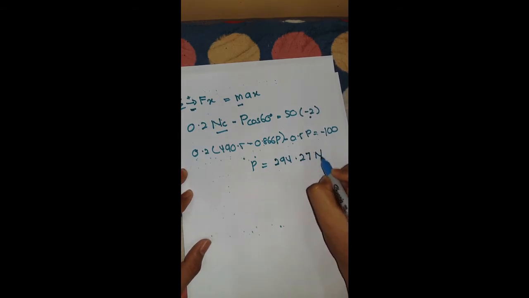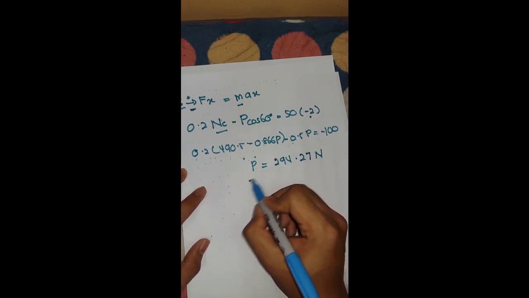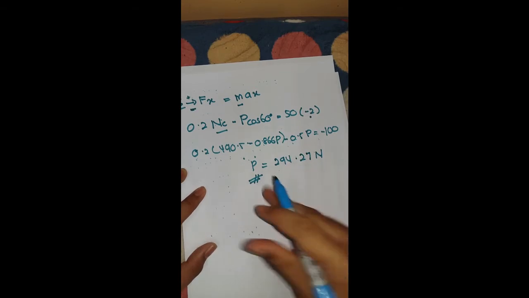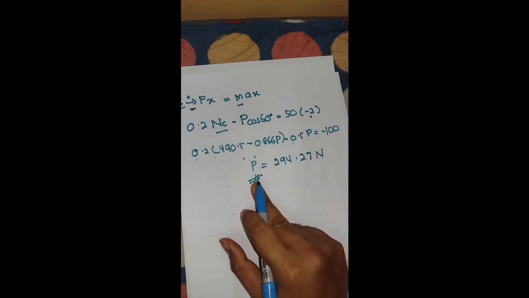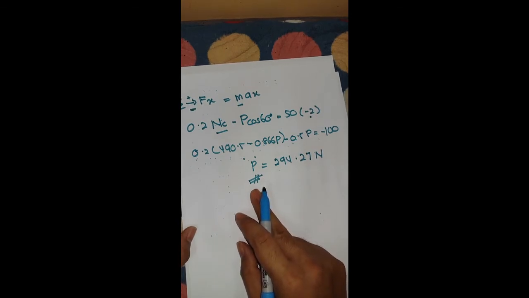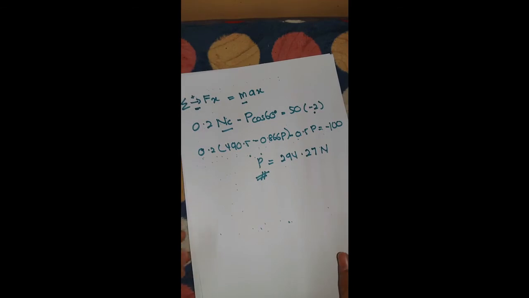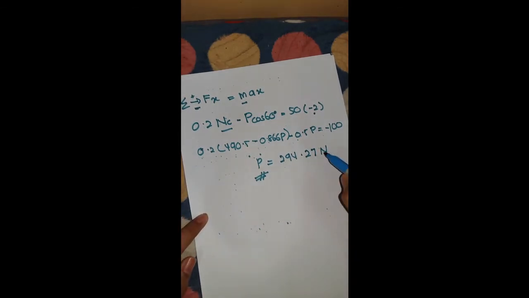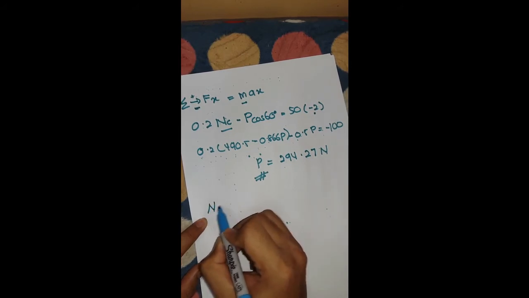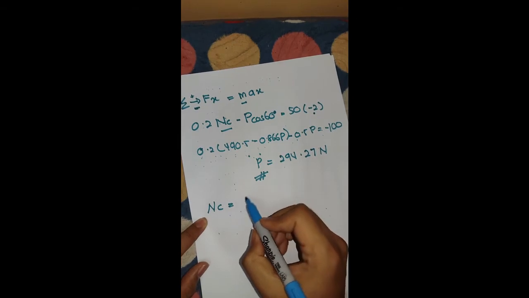294.27 Newton. So the force that we gonna find, we already got the force here, but it's not the final answer yet. We still need the normal force. The previous equation is not resolved yet because it has two unknowns.